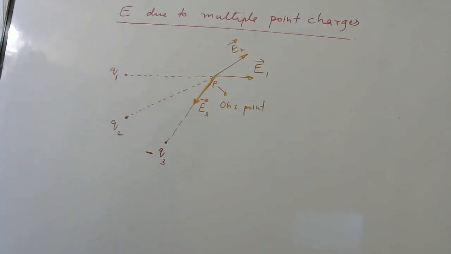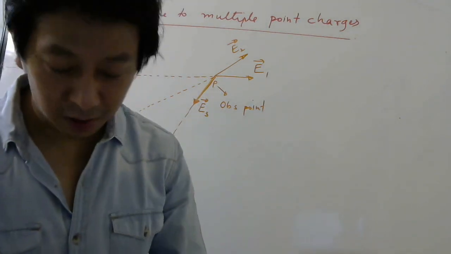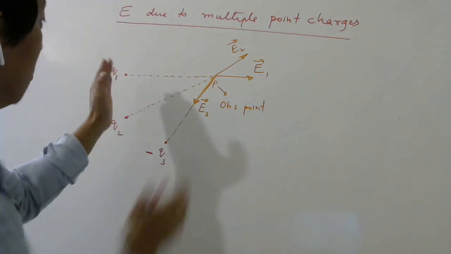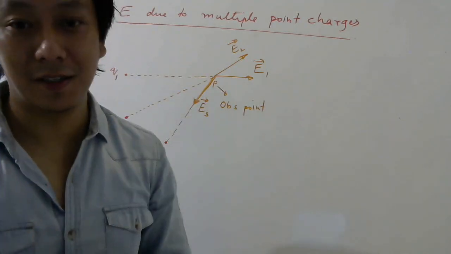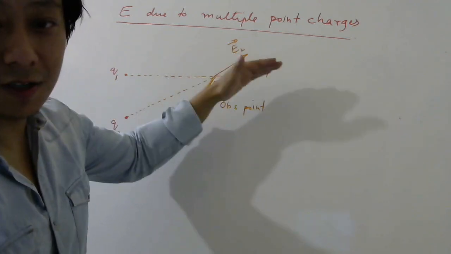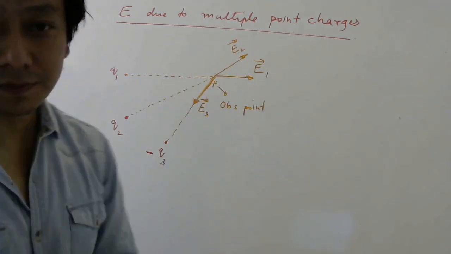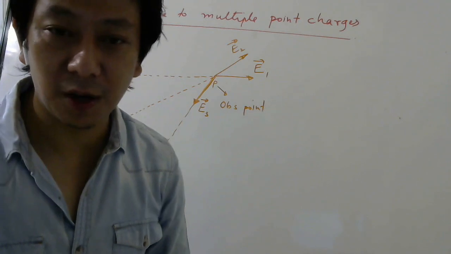So then you calculate the magnitude. You know the magnitude: 1 by 4 pi epsilon naught q by r square. Once you know the magnitude, then you use vector addition. Add these two, whatever answer comes, add with this one. We will be doing more problems later.